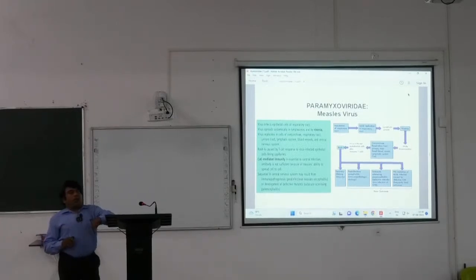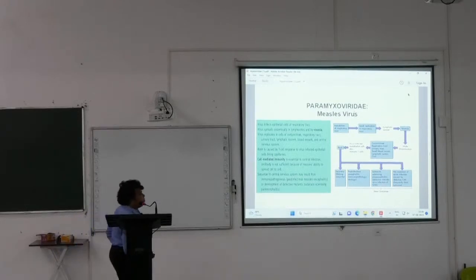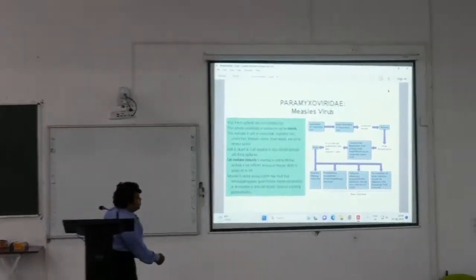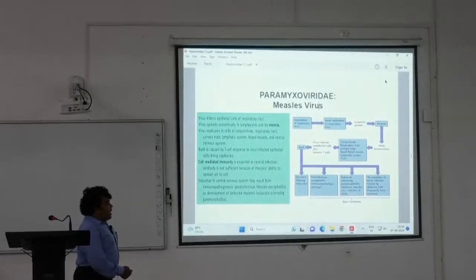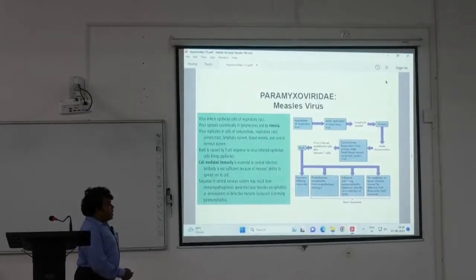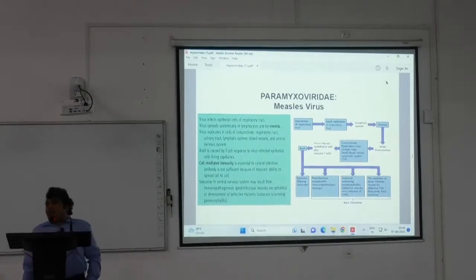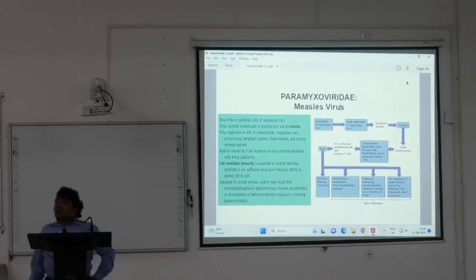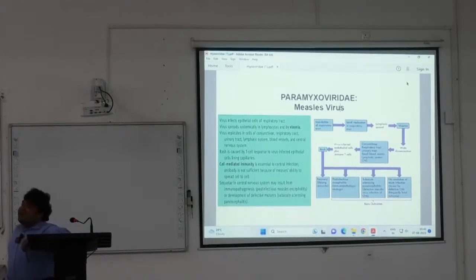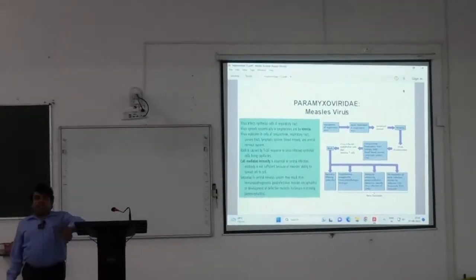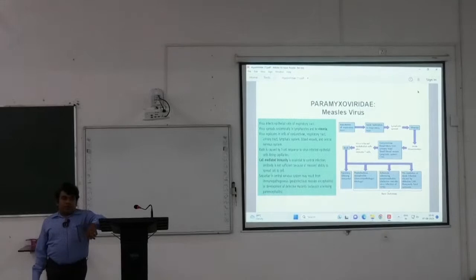Okay. Problem is, sometimes after the resolution, it can cause what is known as subacute sclerosing panencephalitis. The infection goes on within the encephalon, either acutely or chronically.